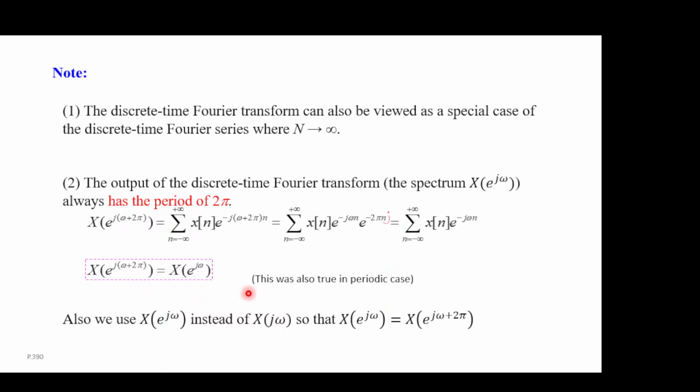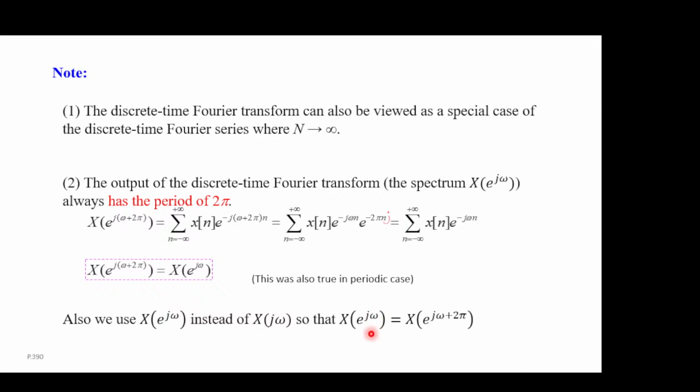And that's true for any discrete case. Remember, this was also true in the discrete Fourier series. And that is also why we are using this very annoying notation. Notice that in chapter 4, we called this big X of j omega. And here we are using big X of e to the j omega, because that will cover the fact that your omega has a 2 pi period.